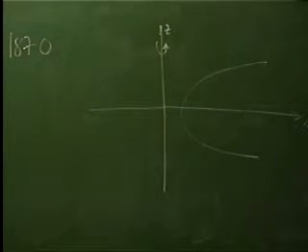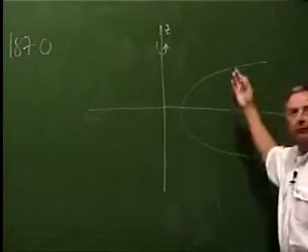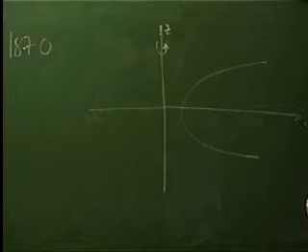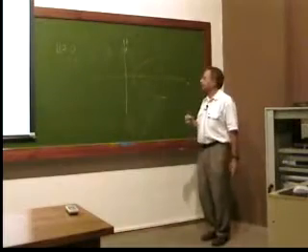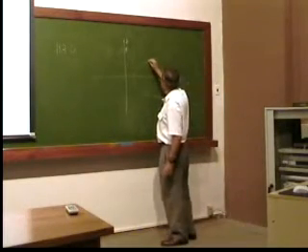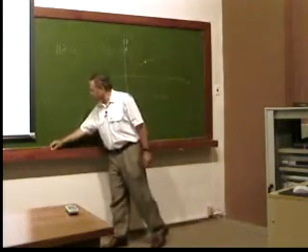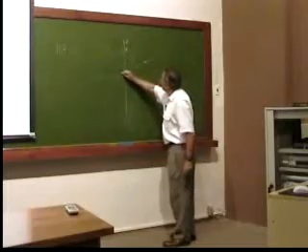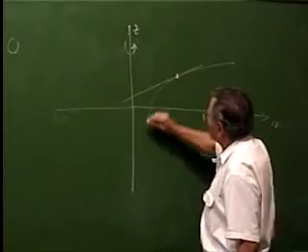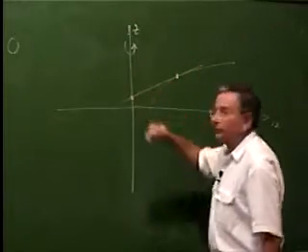Okay, so we'll essentially look at what happens on the catenary. So the Lindelof construction is as follows. You take a point, and from this point, you take the tangent to the catenary, and it meets the axis at some point.